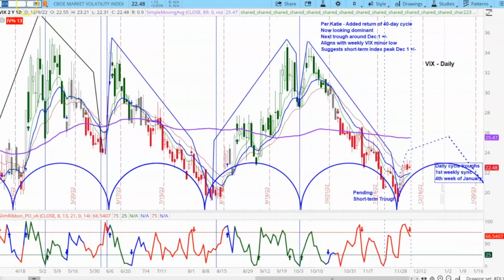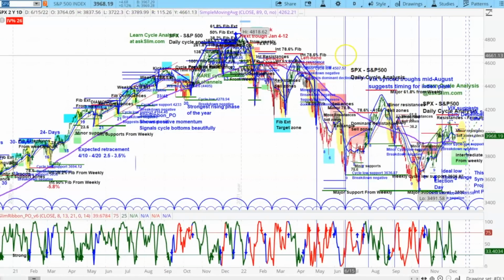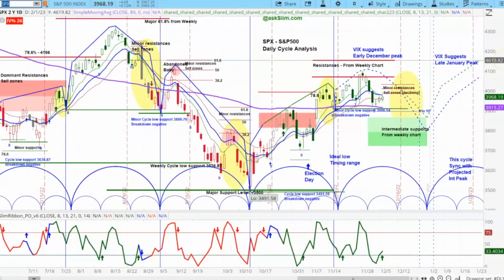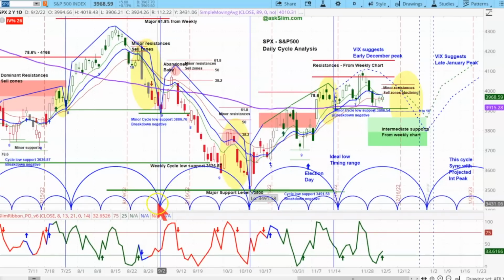Now let's see how that correlates to the individual indexes and the conditions that they are in. So this is the S&P 500, and we're also going to focus on our proprietary indicators in here, the slim ribbon and the slim ribbon PO, which is on the bottom. We look at these yellow zones in here, which are kind of screaming at us, and those tell us when the cycle patterns are coming down in the minor cycle and the dominant cycle.